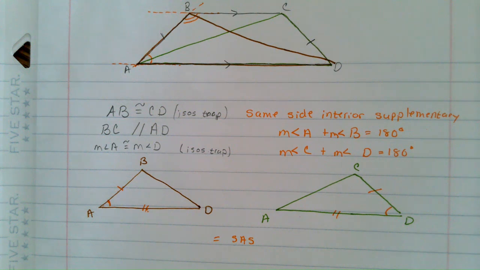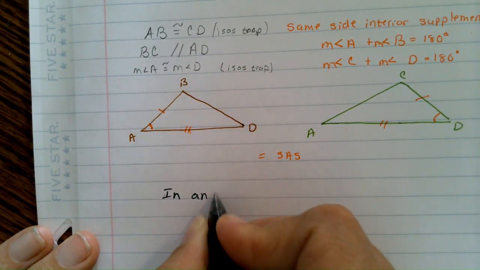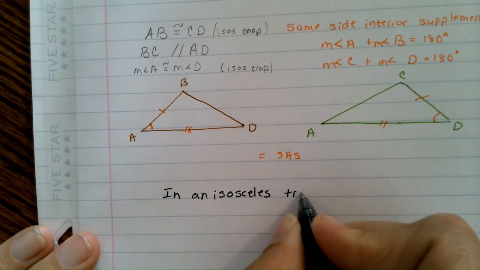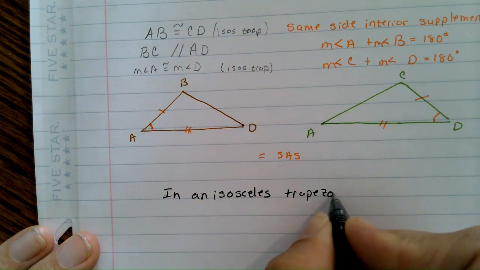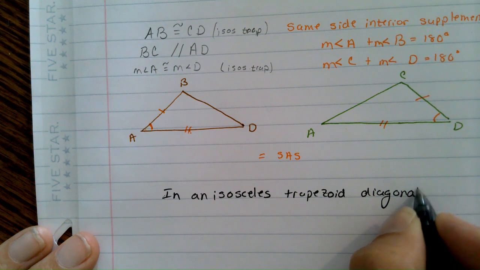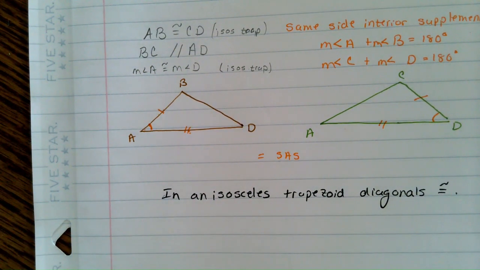So in an isosceles trapezoid, the diagonals are congruent. Will that happen in all trapezoids? No, just the isosceles ones.